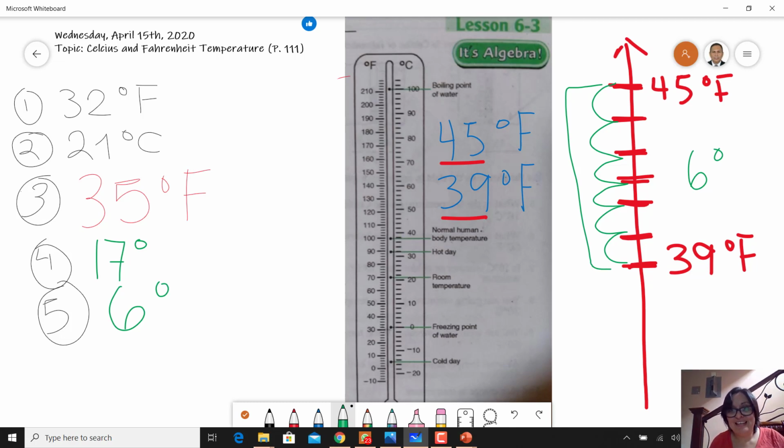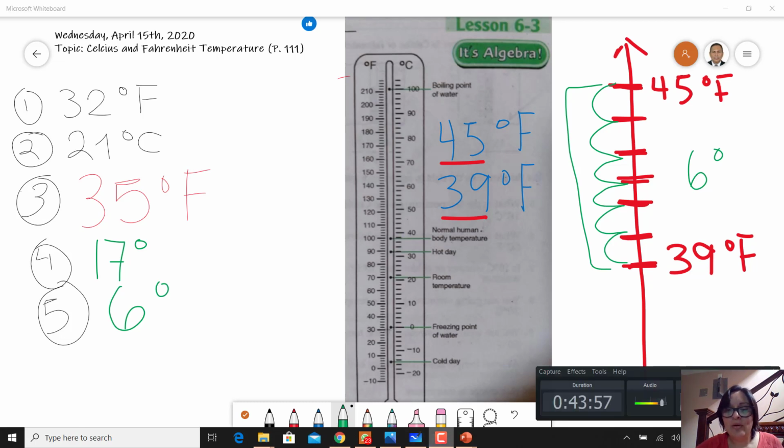Very, very easy. It's just reading thermometers, interpreting thermometers, and finding the changes from one degree to the other. So in number 4 and 5, what did you have to do? You had to draw first a thermometer to find the difference or the change.